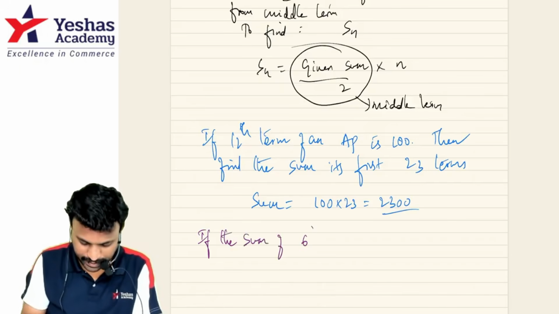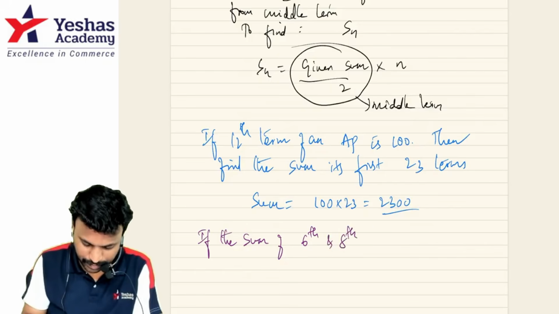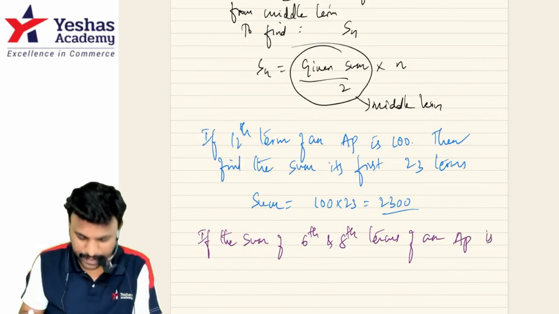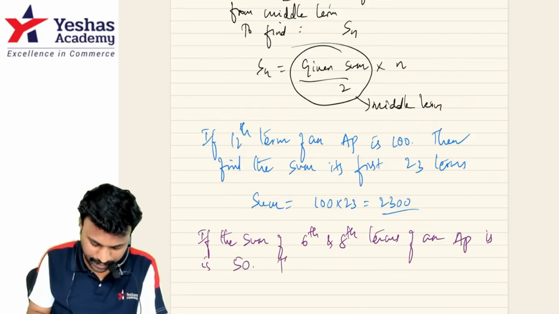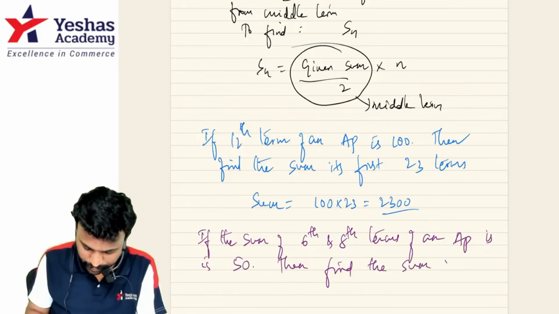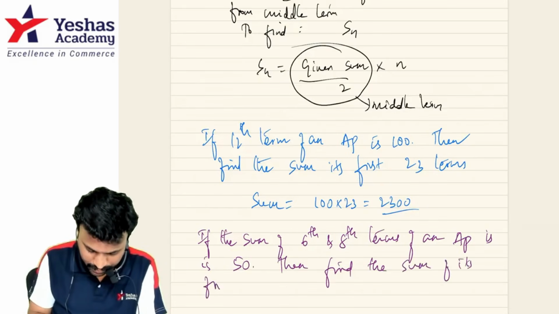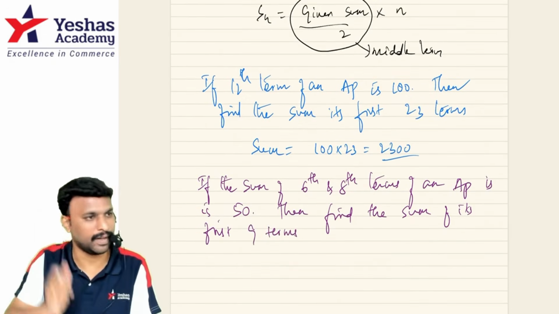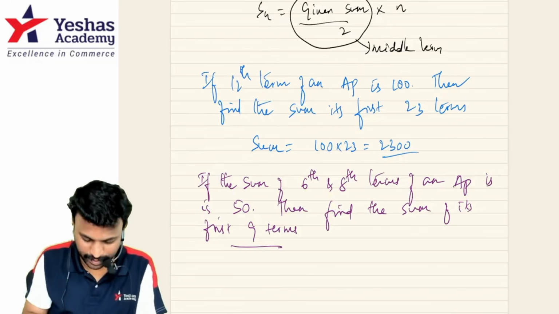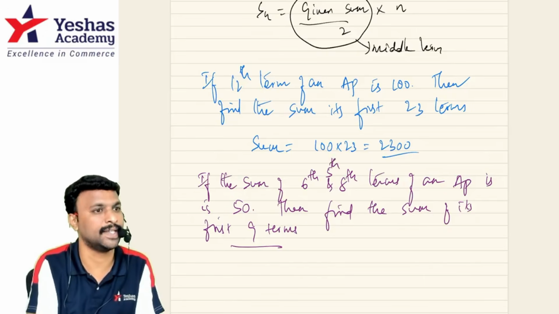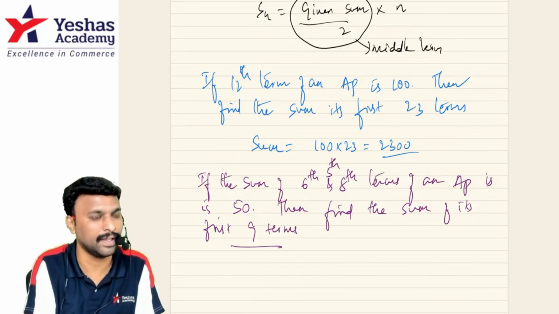If the sum of the sixth and eighth terms of an AP is 50, then find the sum of its first 9 terms. First of all, confirm: first 9 terms means the middle term is the 5th, and definitely 5 is not in between 6th and 8th.